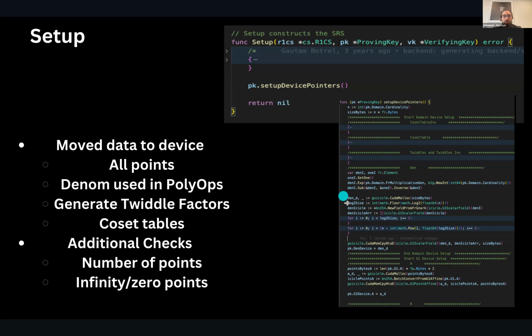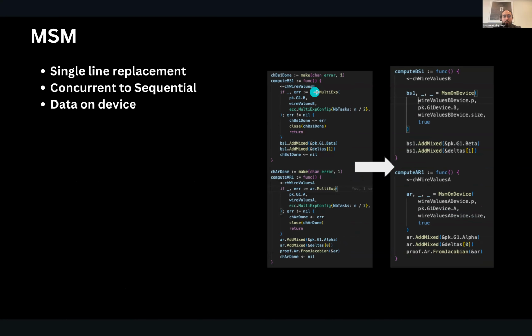Basically, we copy everything initiated in the setup phase to the GPU. Now, the proof function calls our MSM code, running the MSM on the GPU on the data that we copied to the device previously.